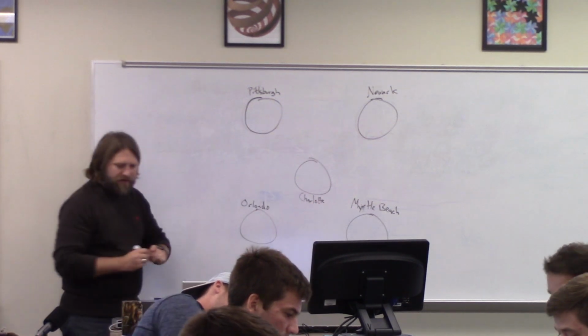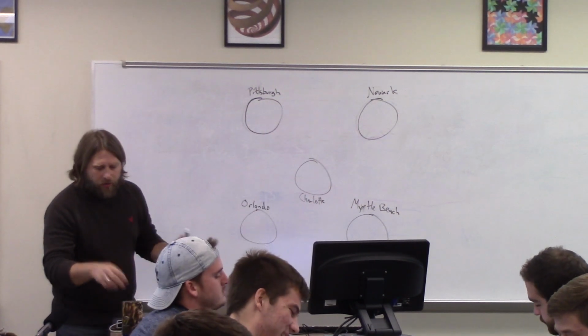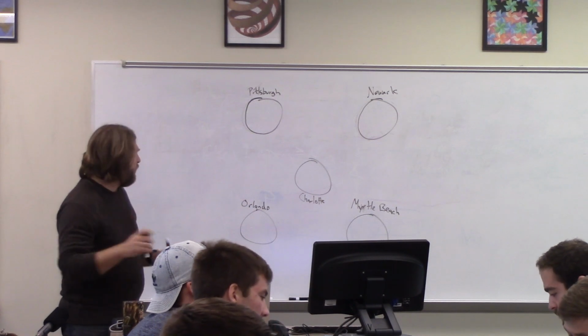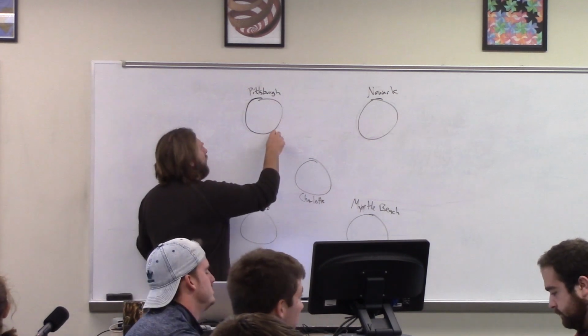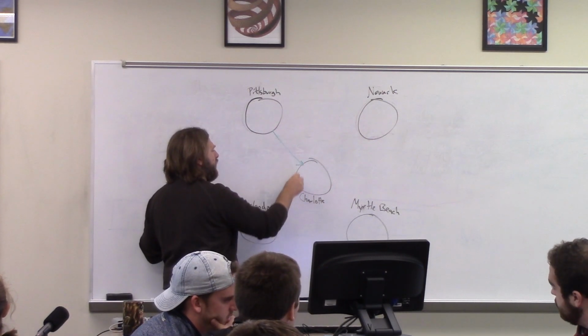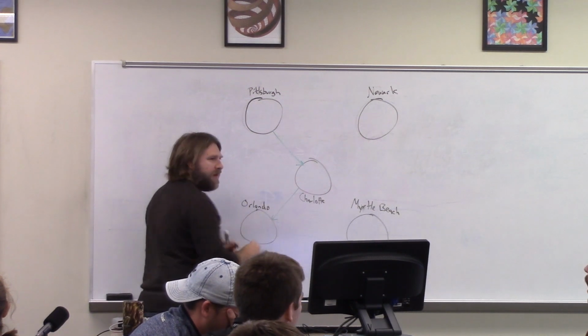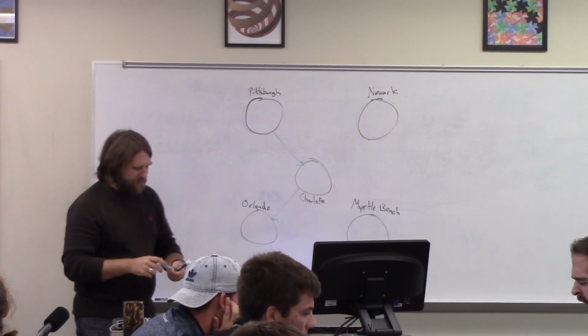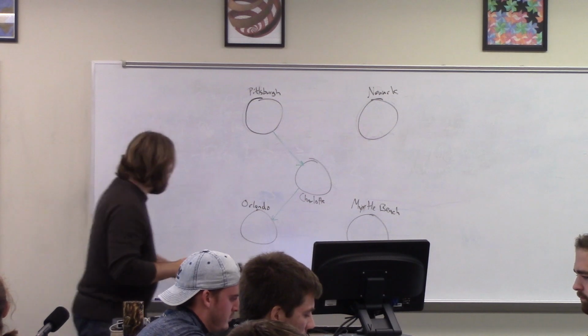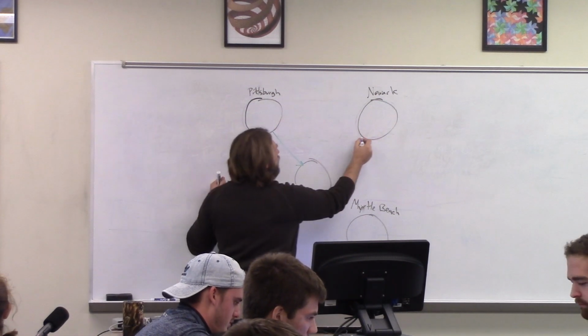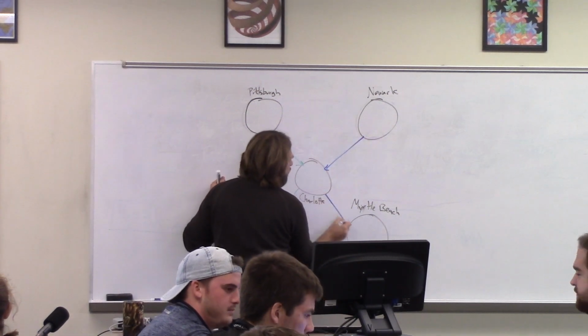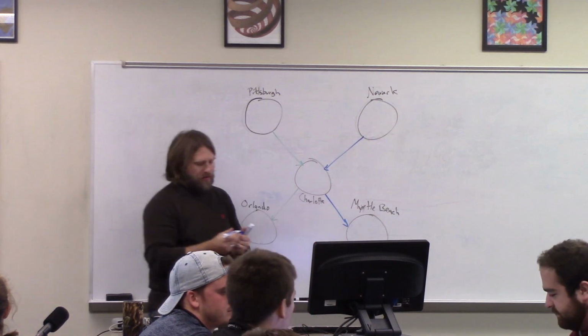And so we have 2 planes. Plane 1 can fly from Pittsburgh to Charlotte, and then from Charlotte to Orlando, as an example. Plane 2 can fly from Newark to Charlotte, and then on to Myrtle Beach.